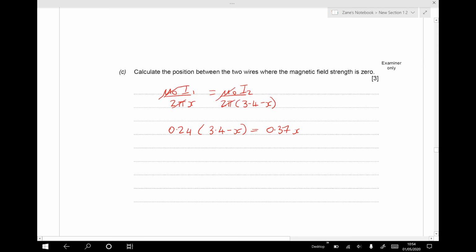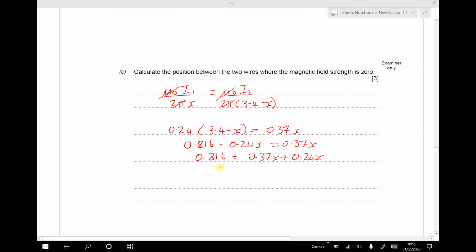We can either expand the brackets here or divide both sides by 0.24. Let's go through the expand the brackets method. So 0.24 times 3.4 will give us 0.816. If we gather the x's all on the right hand side, we're going to get 0.816 equals 0.37x plus 0.24x.